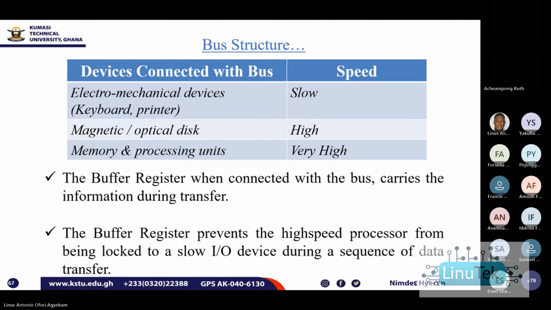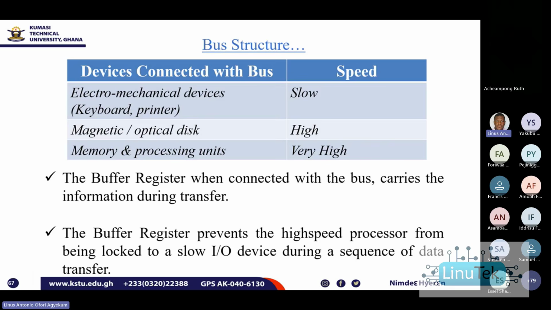Now, in most cases, you would find something called the buffer register, which is connected with the bus. What the buffer register does is that it holds data or information which is being carried across the bus during transfer so that we don't lose that information.